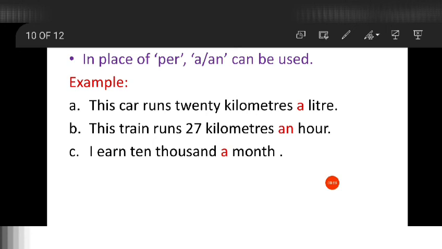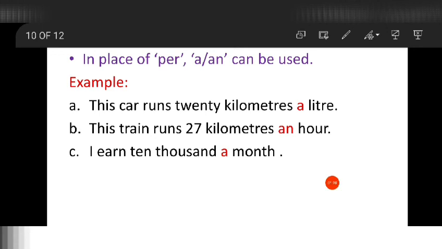Here the word per means a single thing, something in singular. So in place of using per, we can even use a or an, depending upon the word. If it's a consonant sound, we use a. If it's a vowel sound, we use an.